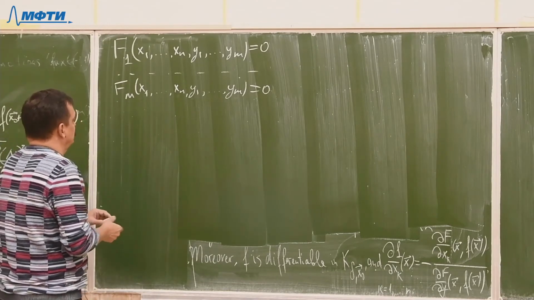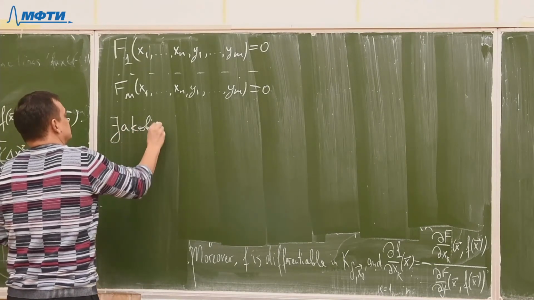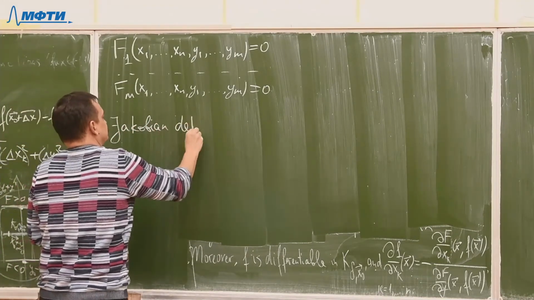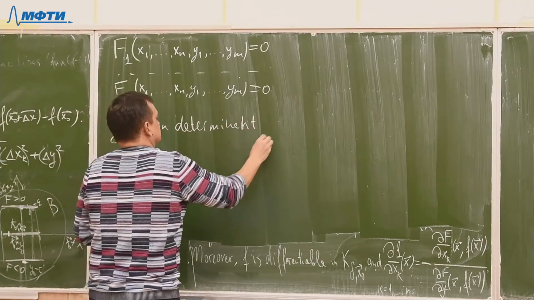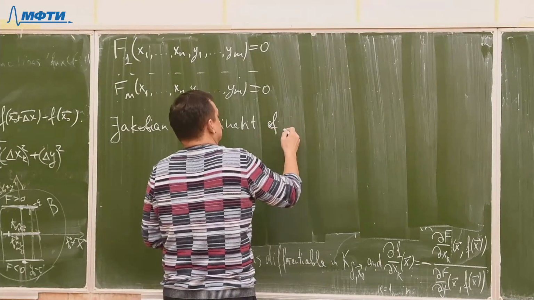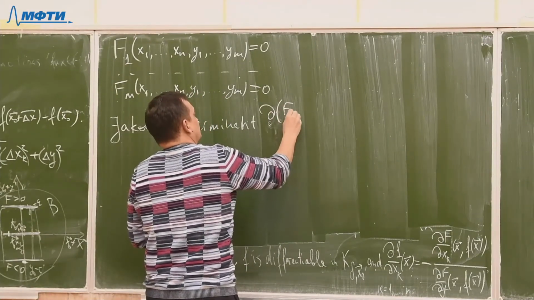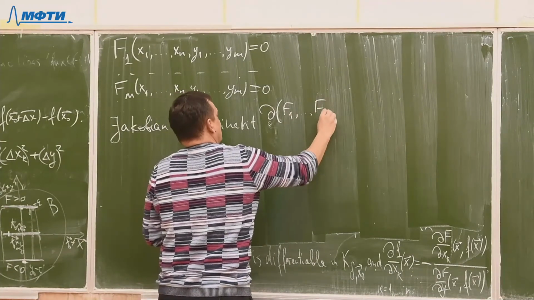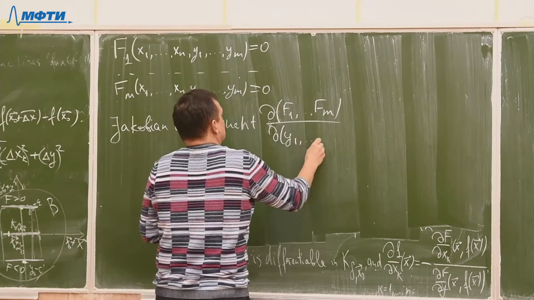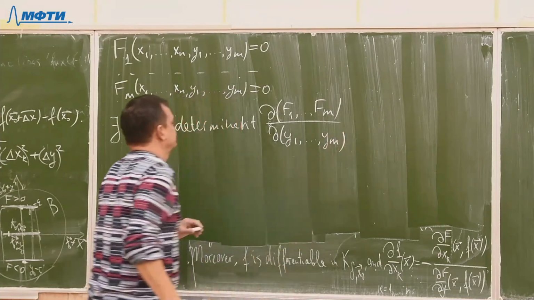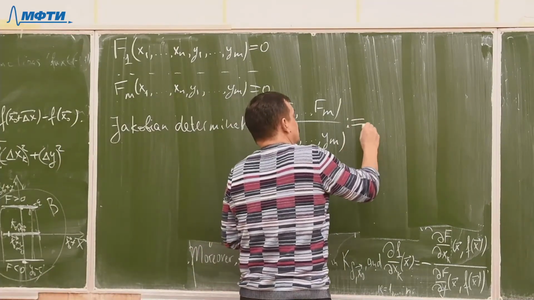So the Jacobian determinant of f1, so on, fm with respect to y1, so on, ym is by definition the following determinant.